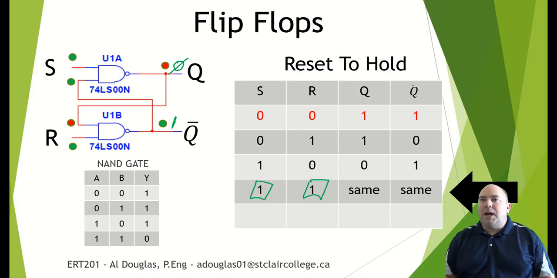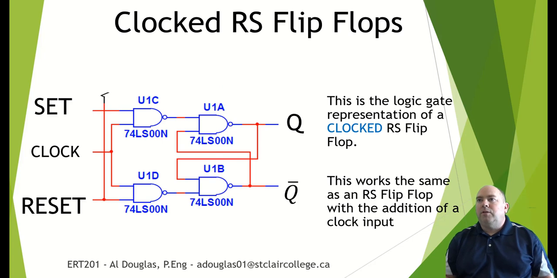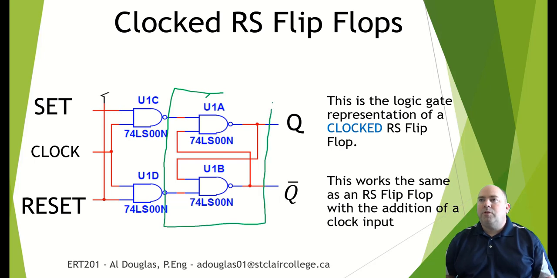Okay, so now that we've seen that in TinkerCad, let's move on to the next circuit we're going to talk about. So this is the clocked version of the RS flip-flop. So you'll notice here, this is part B of the lab. This portion is exactly the same as what we just did.